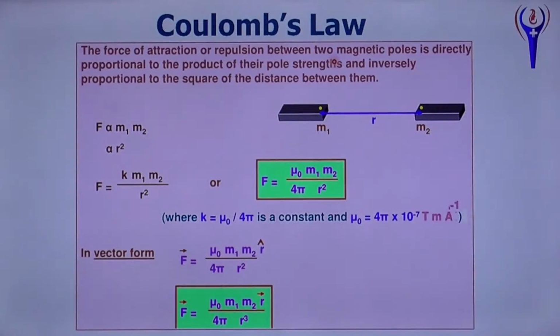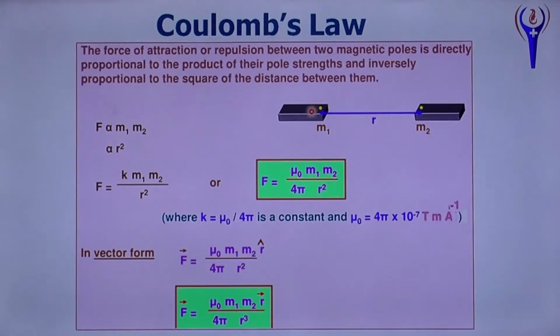Now, the force of attraction or repulsion between the 2 magnets, which we call the 2 magnetic poles, is directly proportional to the product of their pole strength. Each magnet has a strength at its end, which we call pole strength. It is denoted by the symbol M.